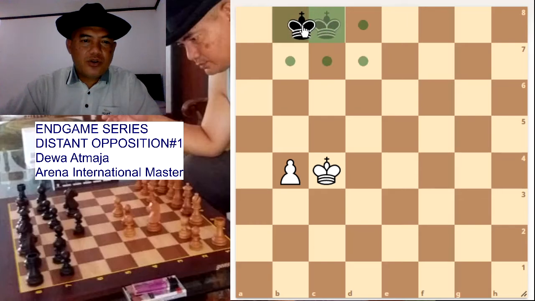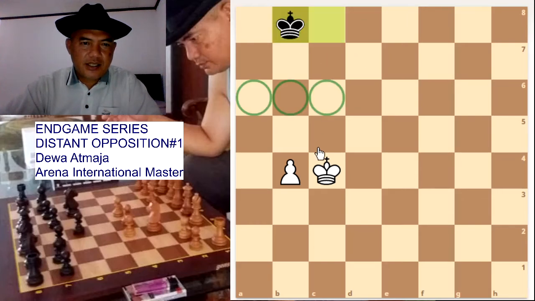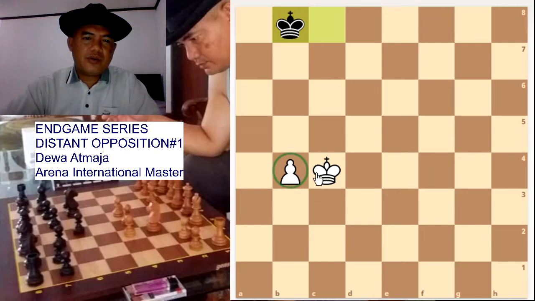If black goes to b8, then white has no opposition here because of his pawn. White can't go here, so the only move for white is to go forward. If he moves here, then black has the opposition.